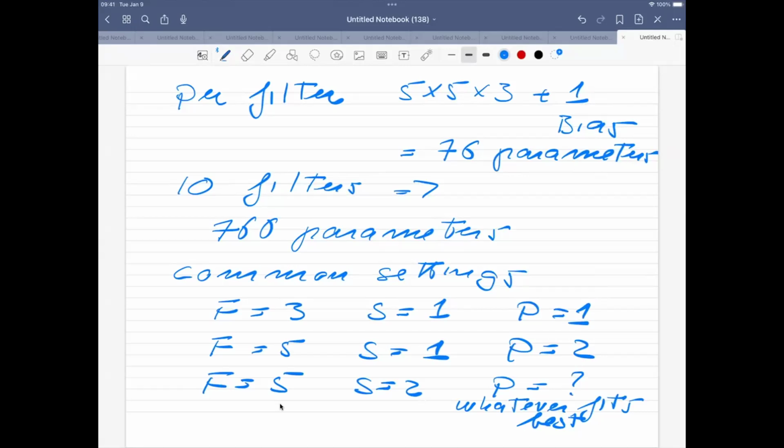And when you have defined these hyperparameters, you run the training, you find the weights, you have the number of weights and biases, and then you see what you get, and then you rerun with new architectures, and you go back and forth like this in order to see which is the case which gives the best result. So with these parameters, we can then start thinking of setting up our own convolutional neural network.